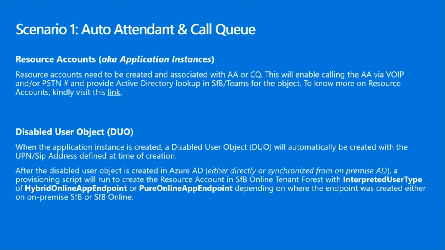Now, call queues. This is one of our favorite topics because we work in sort of a call center where we have a round robin type of scenario when customers or partners open cases. That's how the call reaches us.